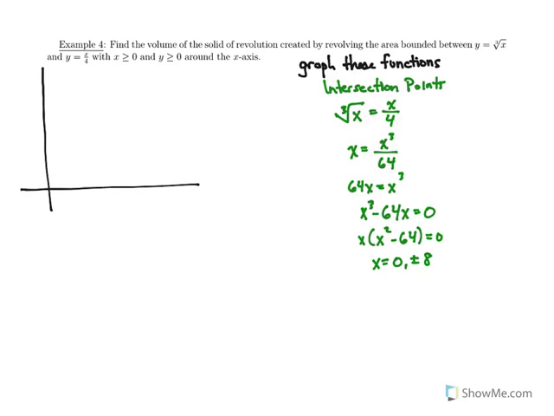Since x and y are greater than or equal to 0, this means that we are in the first quadrant, so we're only going to consider x equal to 0 and 8. These correspond to the points.